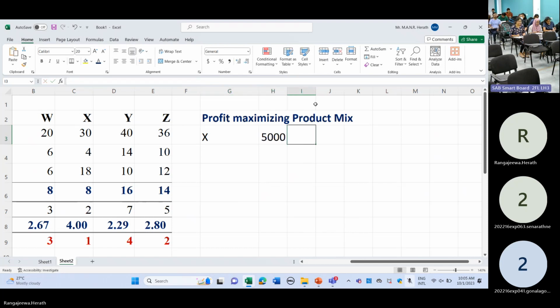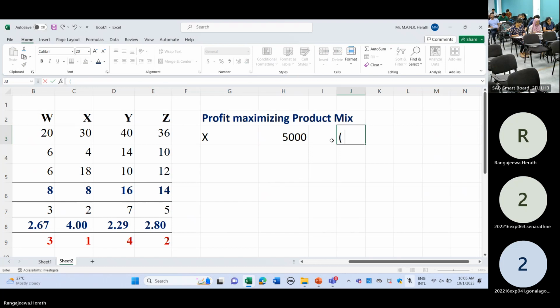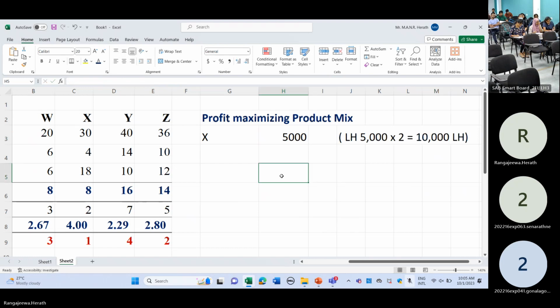When you produce 5,000 units, what are the labor hours required? 5,000 times. To produce 1 unit of product X, we need 2 labor hours. So 10,000 labor hours here. We have 50,000, and the maximum demand for product X is 5,000.